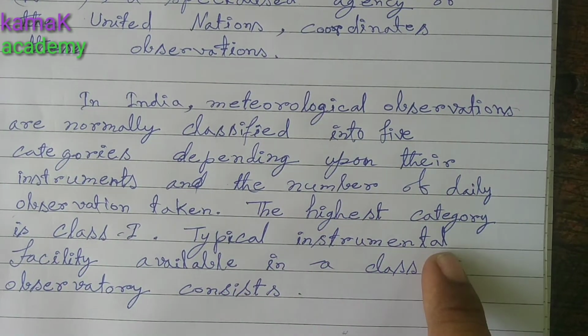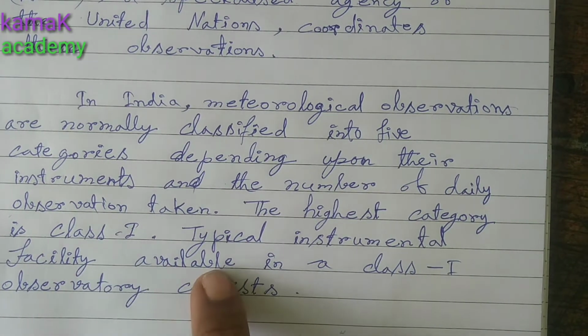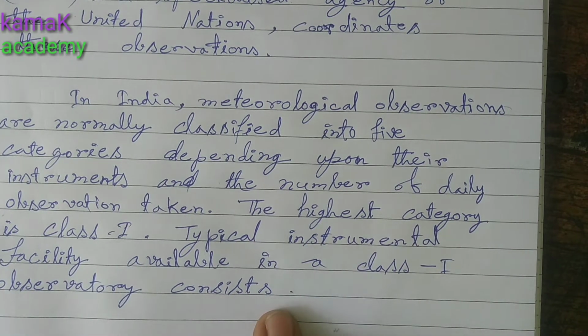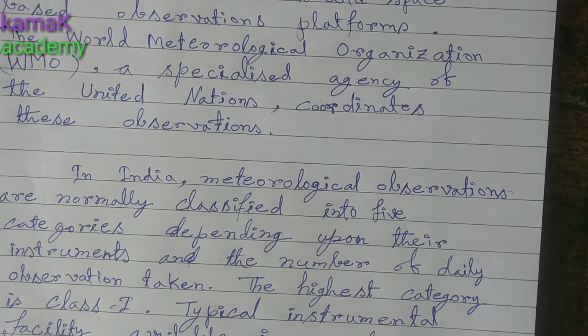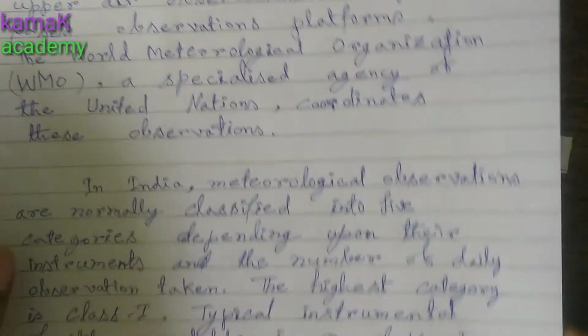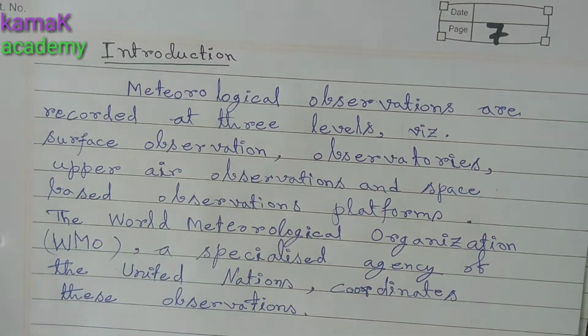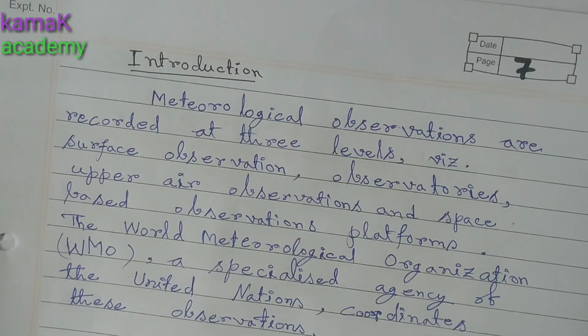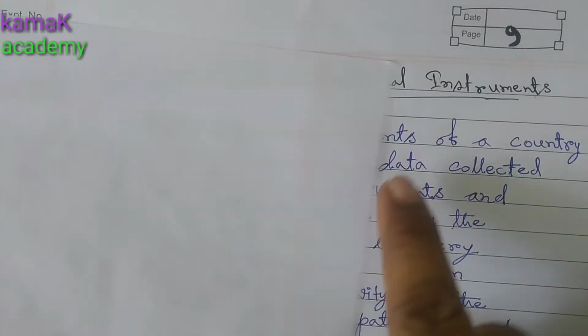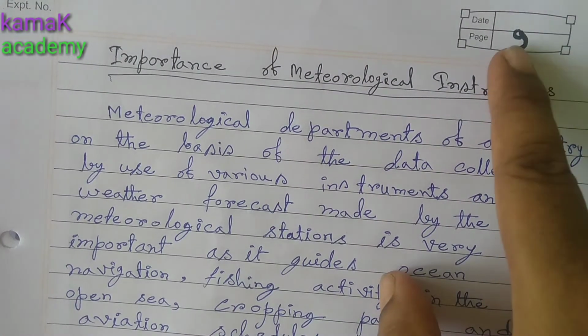Typical instrumental facilities available in a Class 1 observatory consist of. Come to the next page. The white sheet is page 8 and the ruling page is page number 9.